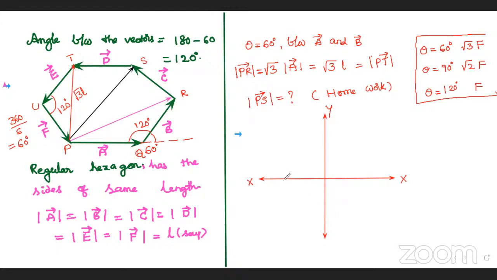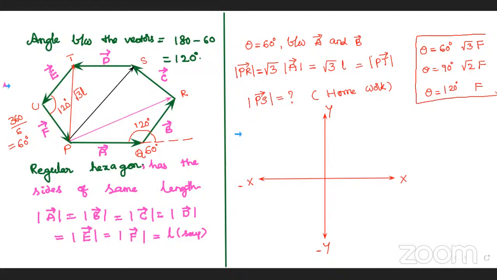In the third quadrant, i cap and j cap are both negative. In the fourth quadrant, the unit vector in the direction of the x-axis is plus and in the direction of the y-axis is minus j cap. You know the representation in the four quadrants.